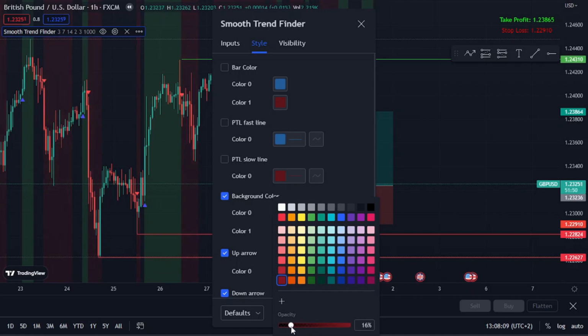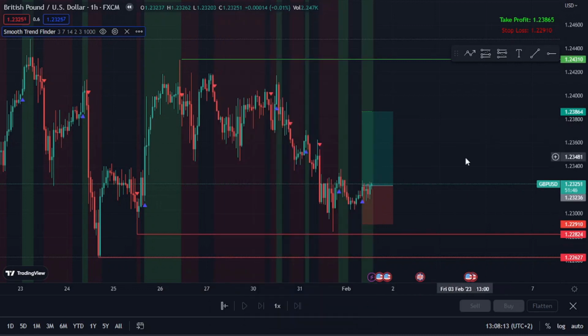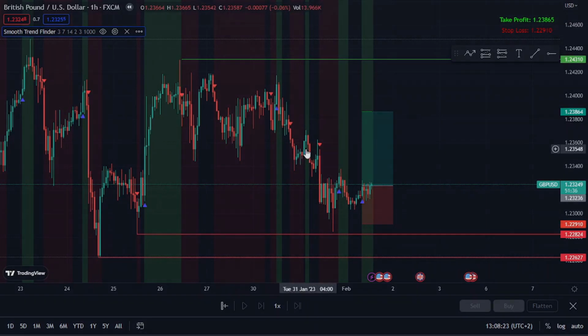Remember, using this on multiple time frames could potentially increase your accuracy and give you both entry and exit points in the market. It also provides you with a take profit and stop loss level.